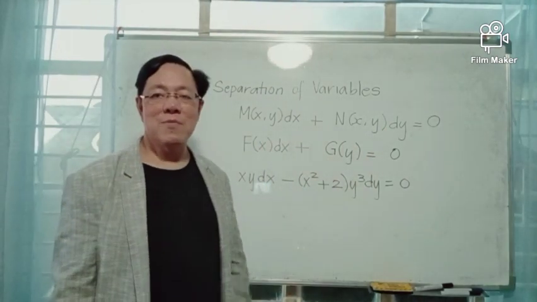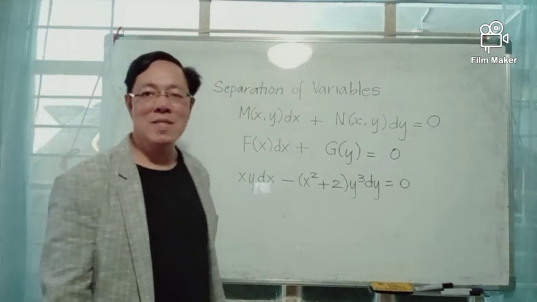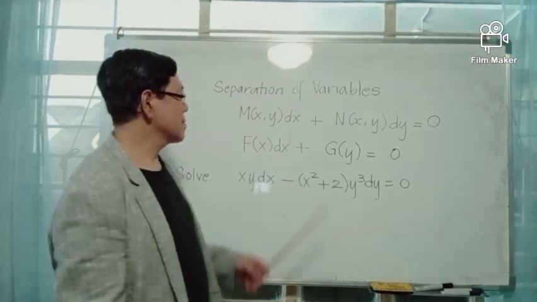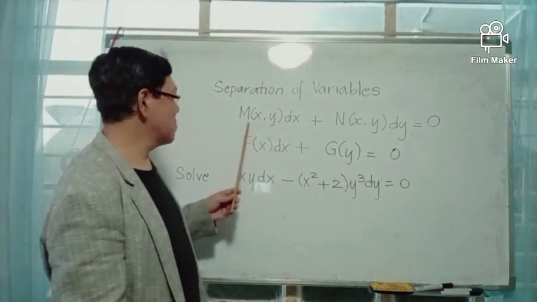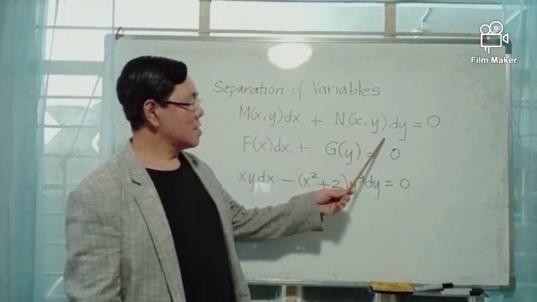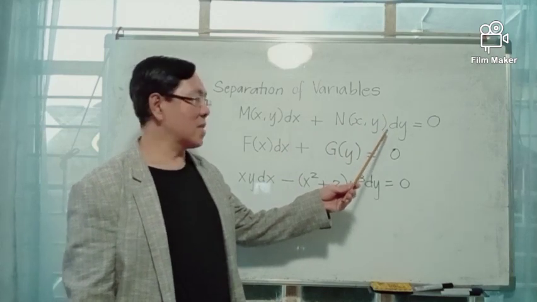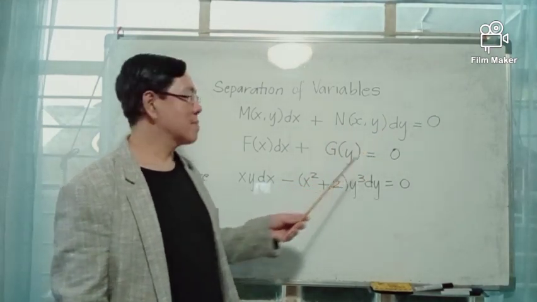So this is an ordinary differential equation of order 1 and degree 1. You can see that in the coefficient of dx, we have a function of two variables x and y. Similarly, in the coefficient of the differential of y, we have a function of x and y.